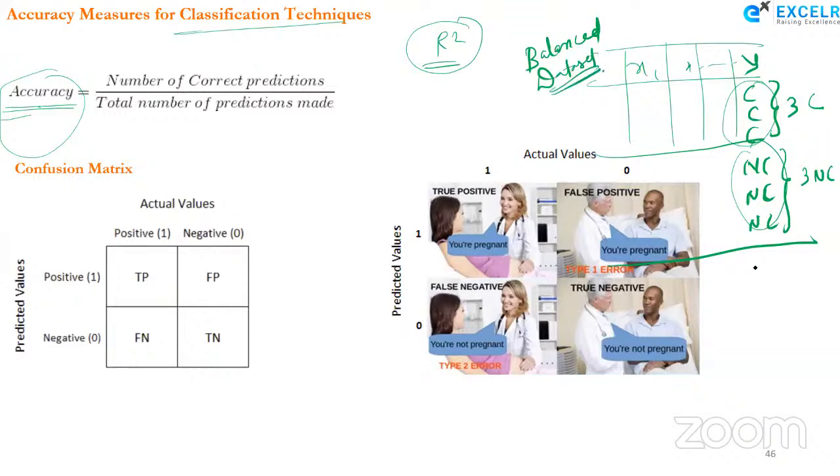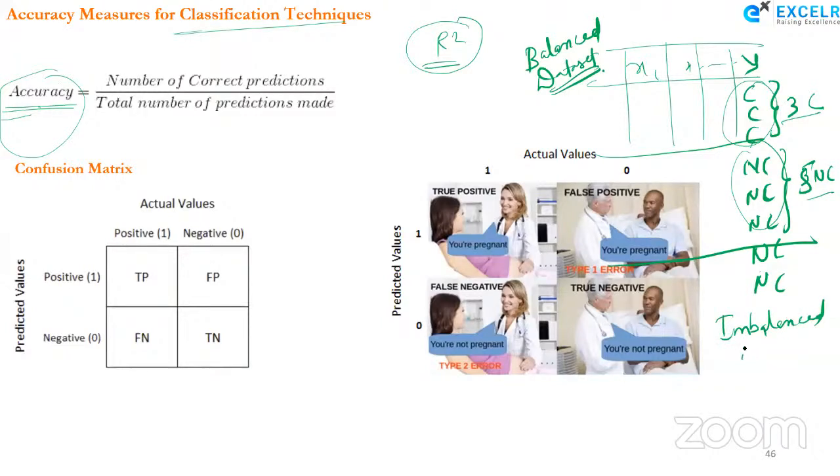But in this case, let us say if I had two more no cancer, no cancer, this would have been 5 no cancer and 3 cancer. Here there is no balance between the observations belonging to each class, and we call this an imbalanced data set.